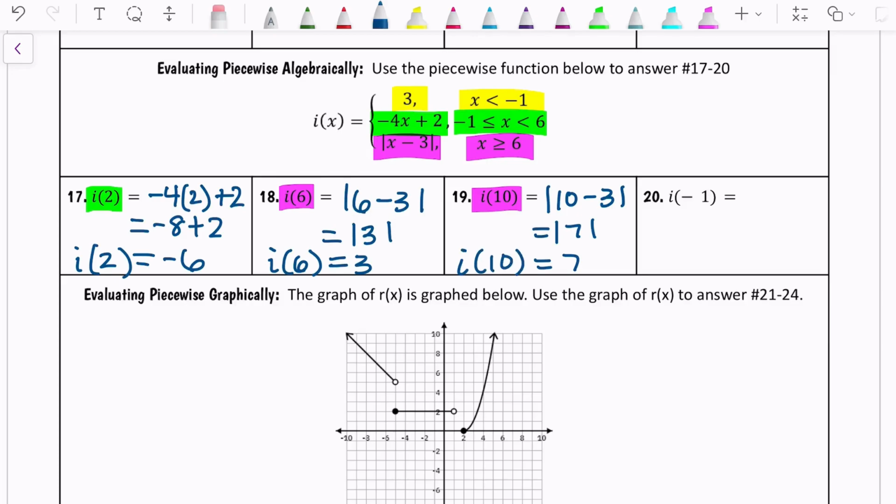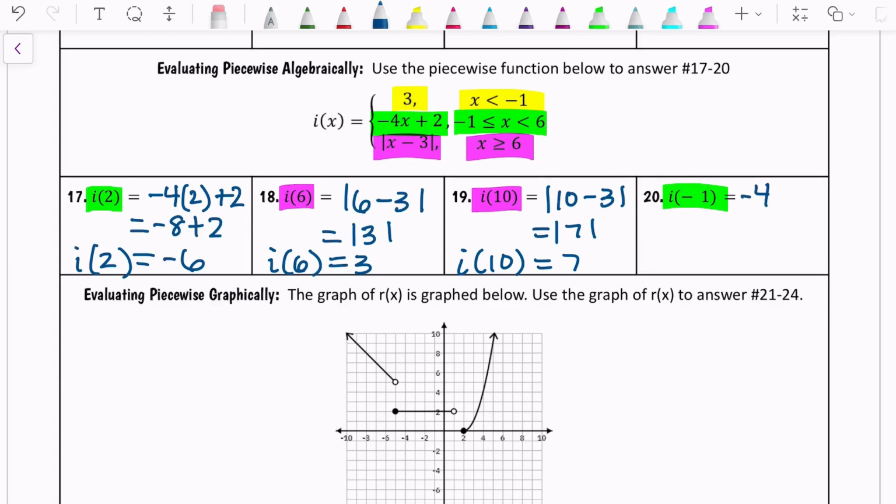And then the last one is I of -1. So there's 2 rules that have a -1 in them, the top one and the middle one, the yellow and the green. I of -1 is going to work for the green rule because it's equal to -1 there. The top one says it has to be less than -1. So we're never actually using the yellow piece in these examples.